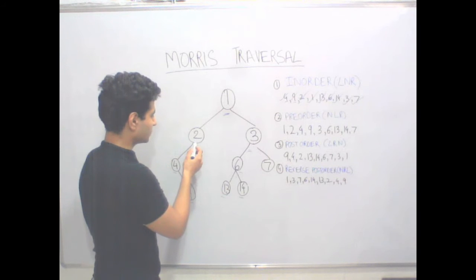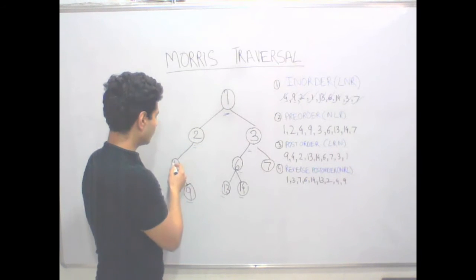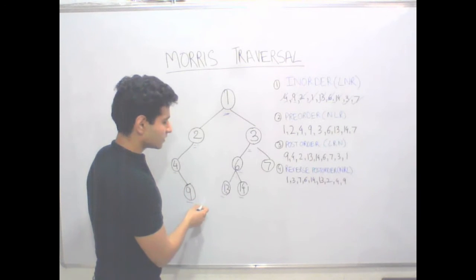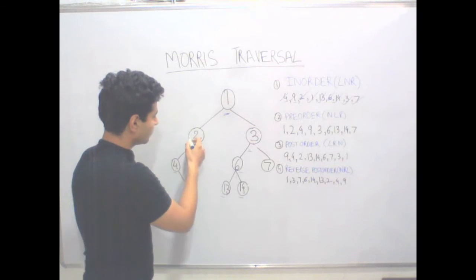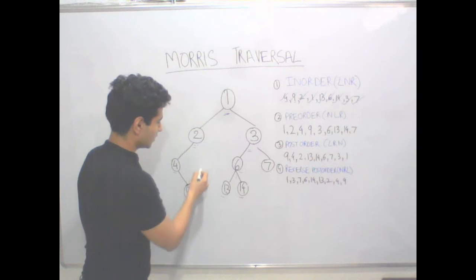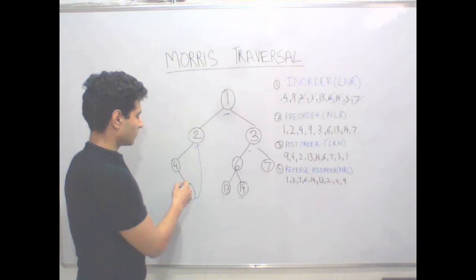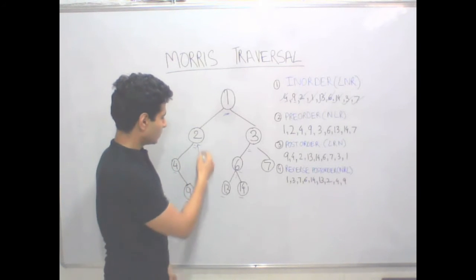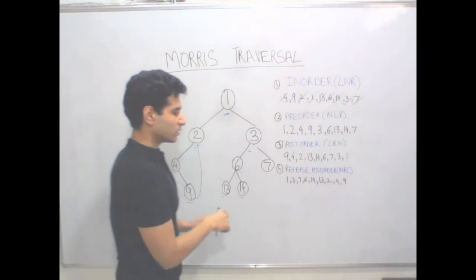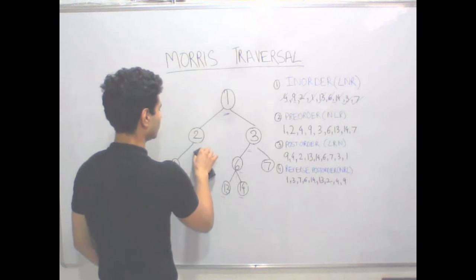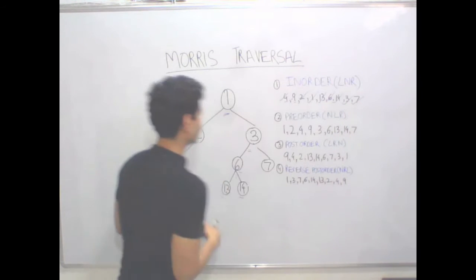When we are at node 2, and we find its predecessor and its predecessor's right is null, then we will first add the current node and assign this link, and then go left and process all the left subtree. And when we again go back, we will just remove this link, and we will again go upwards from 2 to 1.